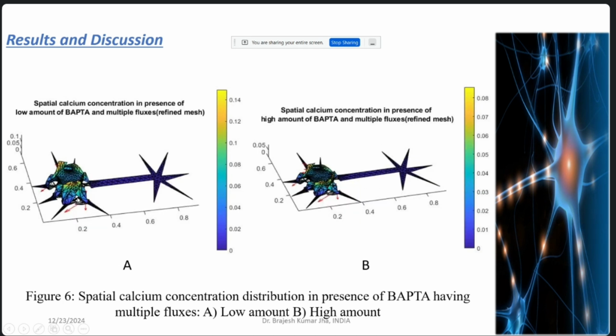If we talk about the multiple fluxes, mathematically you can consider no issue. Biologically we have to prove. So it comes from a different way, and in the different way it is higher, higher.